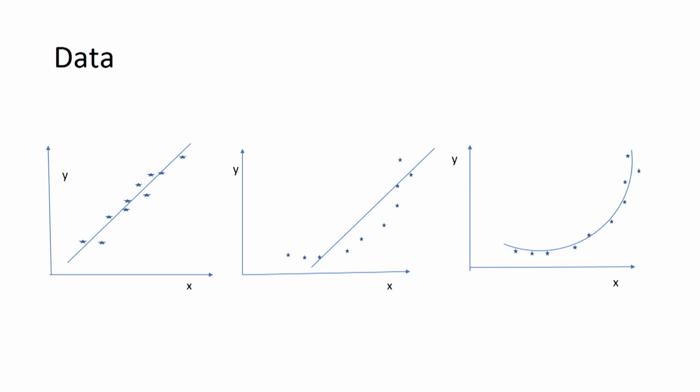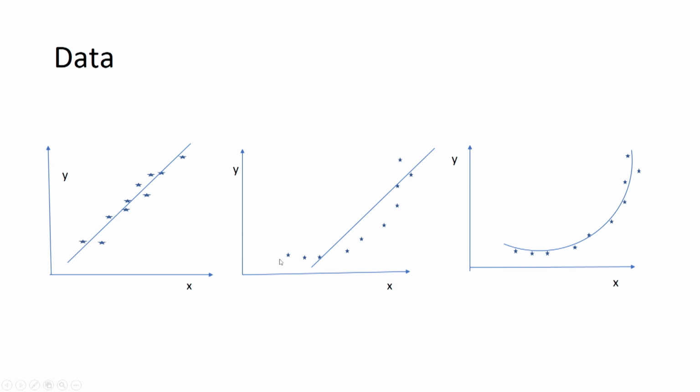Here we can see in the first figure, when we are plotting our data set, this is showing the linear relationship between x and y. If we create a simple linear regression model, we may get this line as a model. So, it is fitting the given data well.